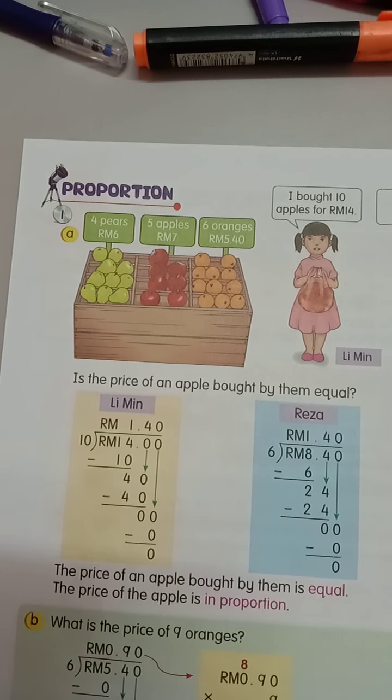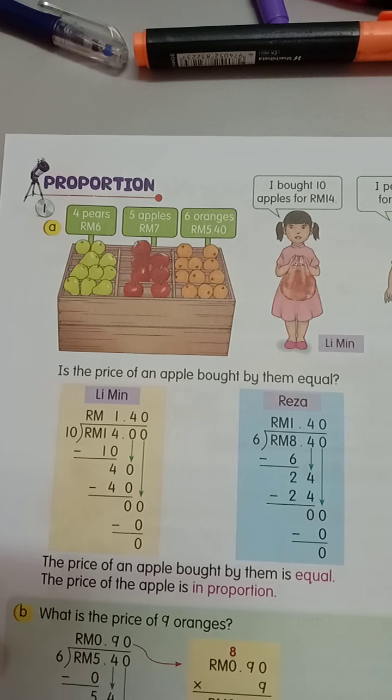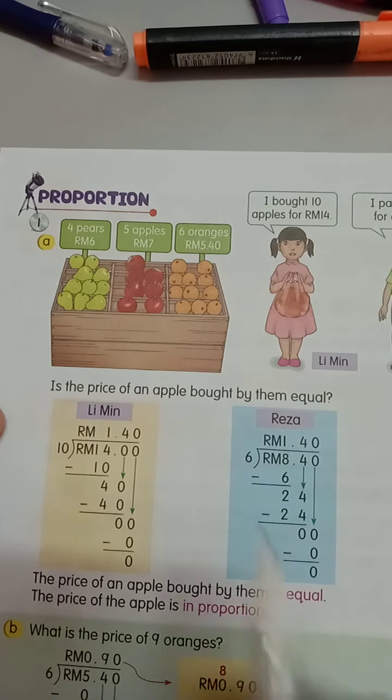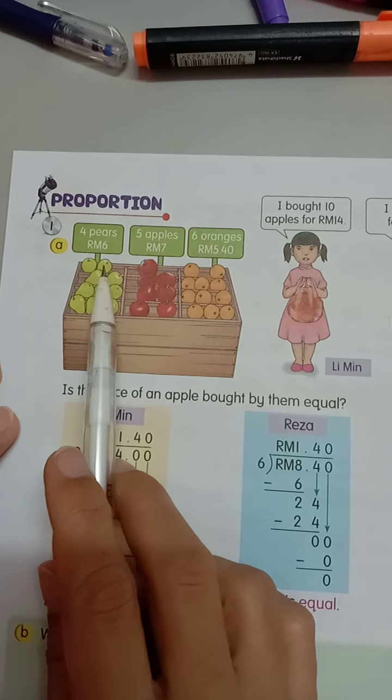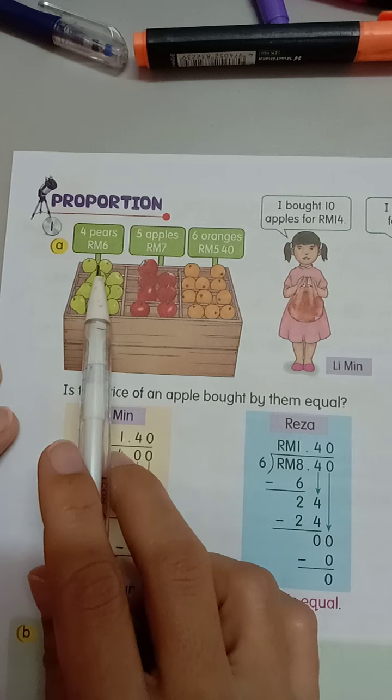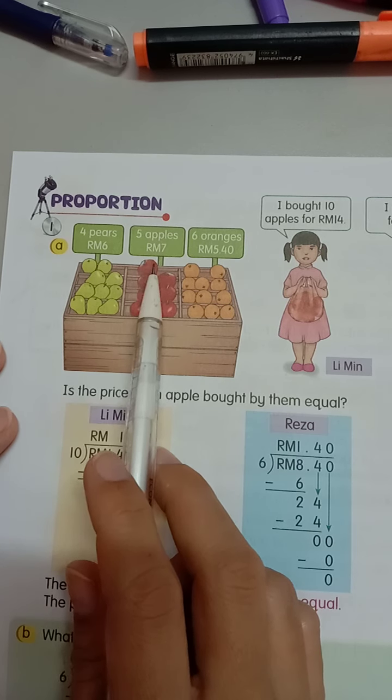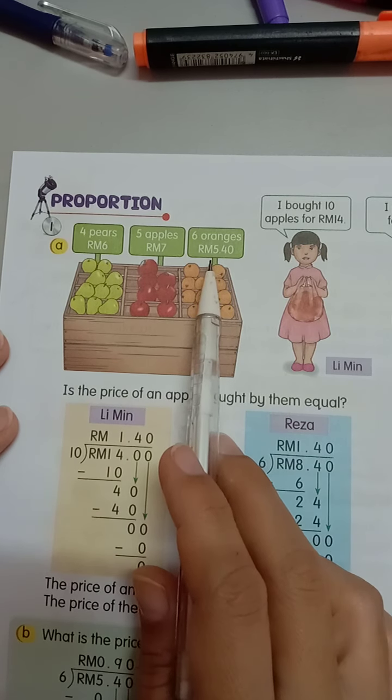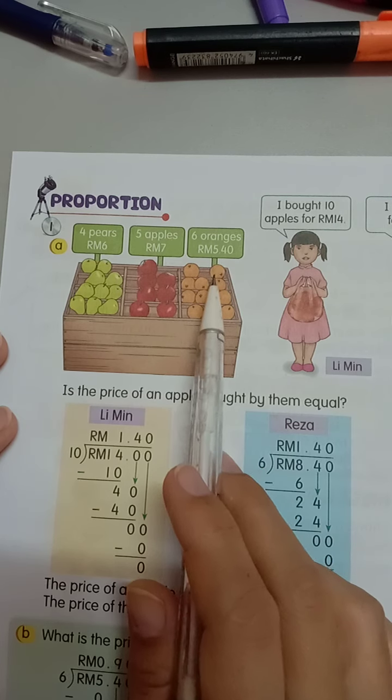Now let's look at proportion. If you look at the example in the textbook on page 222, you can see here 4 pears, 6 ringgit, 5 apples, 7 ringgit, 6 oranges, 5 ringgit and 40 cents.